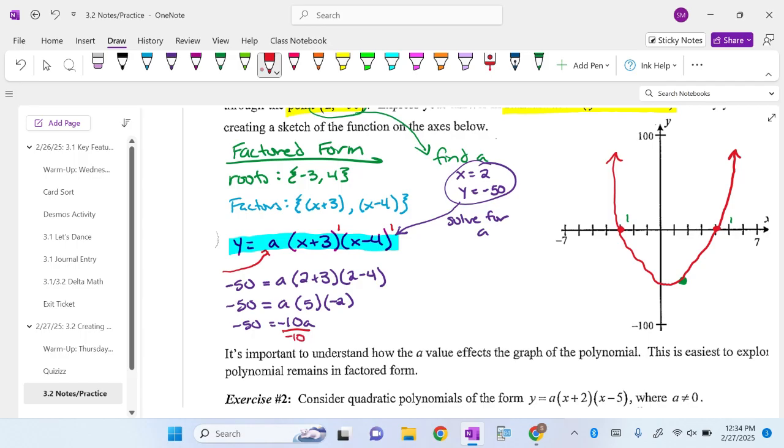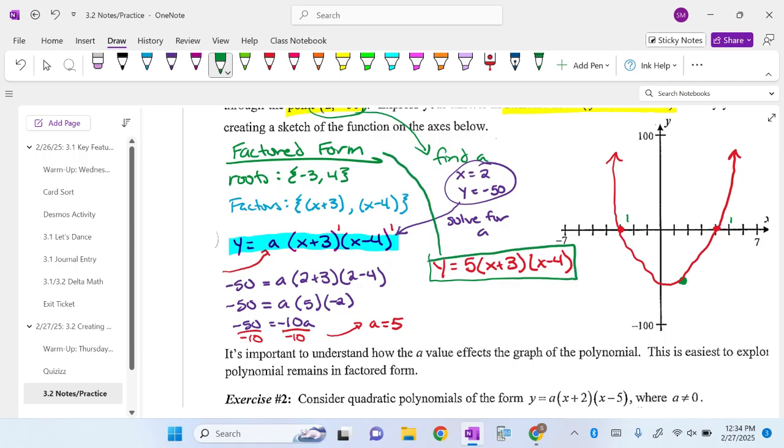So we're going to divide both sides by negative 10. So my a is equal to what? What's negative 50 divided by negative 10? Positive 5. So my factored form is y is equal to 5 times x plus 3 times x minus 4. That's what my function is in factored form.